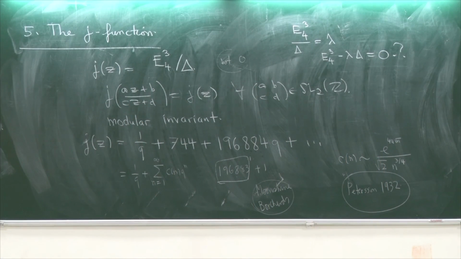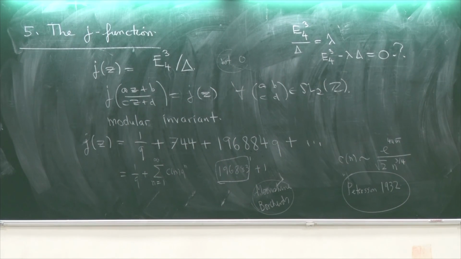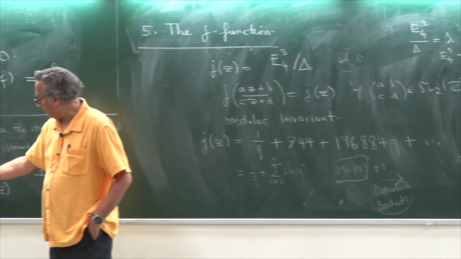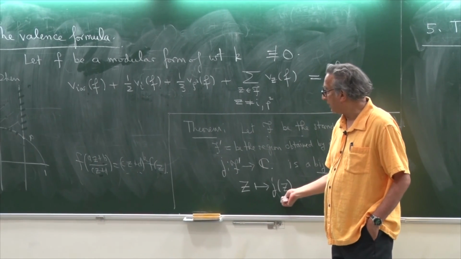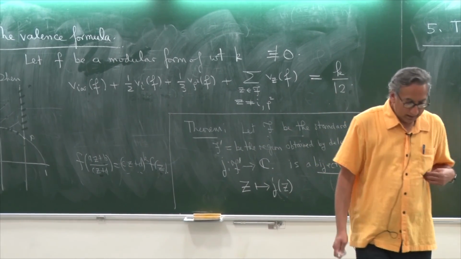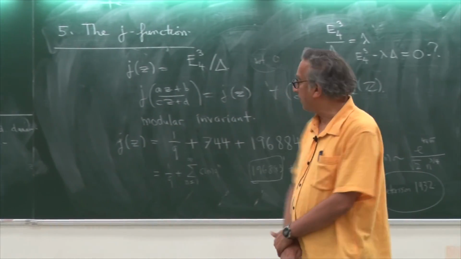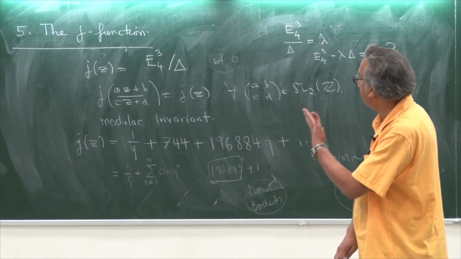And just to close, the final comment that I want to make is that the theory of the J function is one of the most important parts of mathematics. And already the simple fact that you have this one-to-one correspondence between elements of this restricted fundamental domain and complex numbers J of Z allows especially arithmeticians and algebraic geometers to try to understand what is exactly the meaning of the fundamental domain.